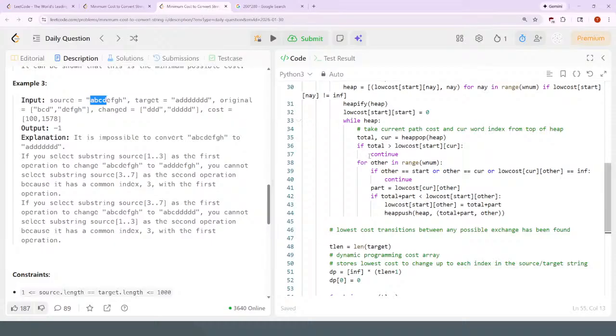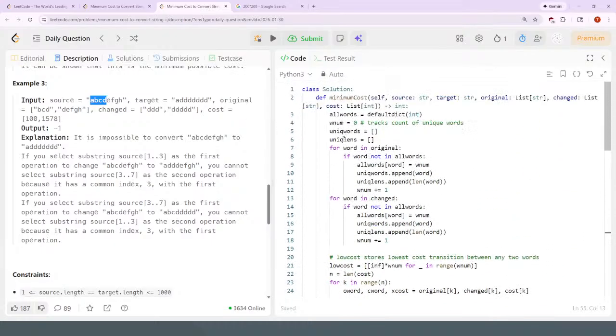Did I need to have it add up? Could I just use the original space? Original goes to change.